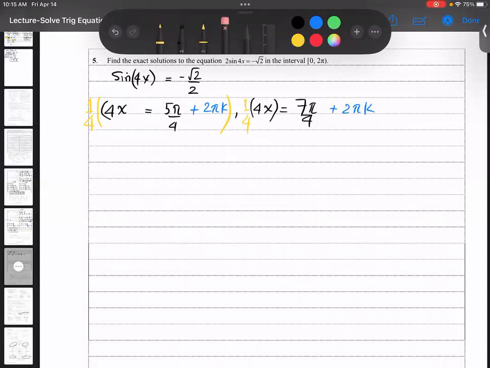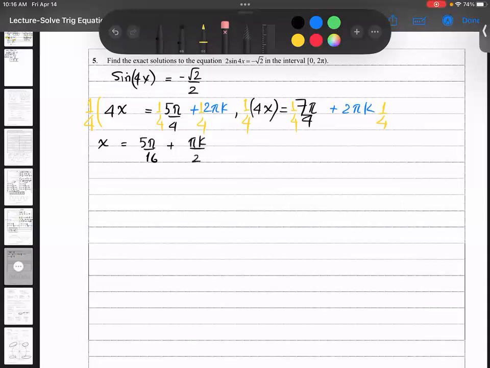Let me do it like this. Multiply everybody by 1/4. How's that? I don't miss anything. On the left hand side, that's just x. Equals 5 pi over 16 (4 times 4 is 16), plus the 2 and the 4 cancel a little bit, so 2 pi k over 4.